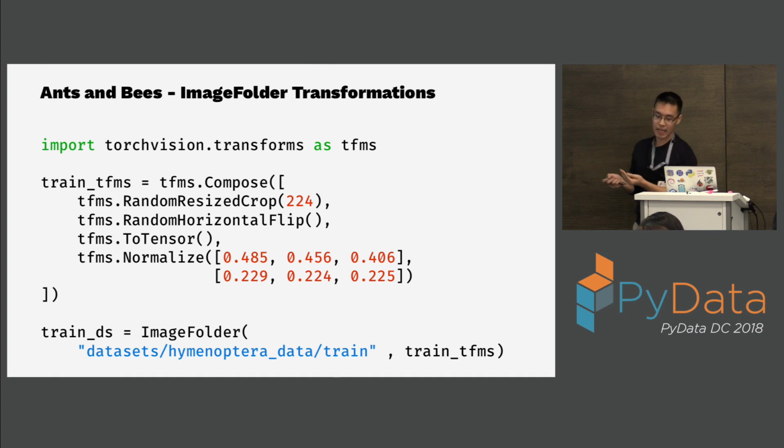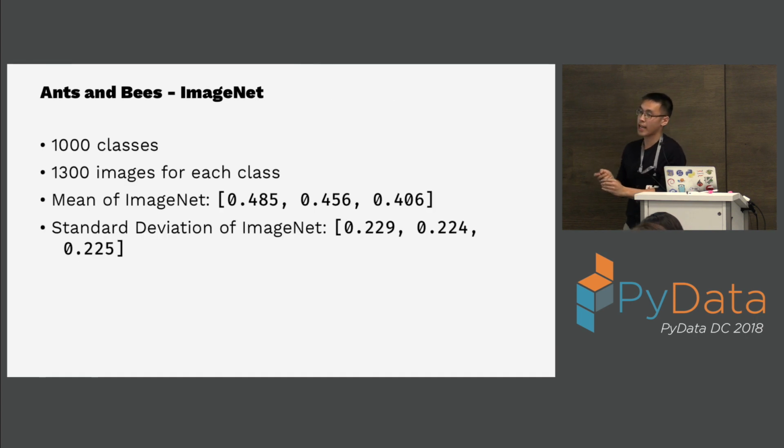The reason we do that is to use a pre-trained neural net in this case, which was trained on ImageNet. So to use this pre-trained neural net, we have to normalize our data to the mean and standard deviation of ImageNet.